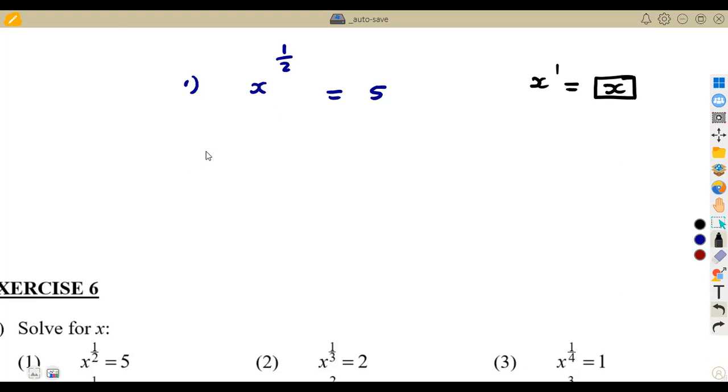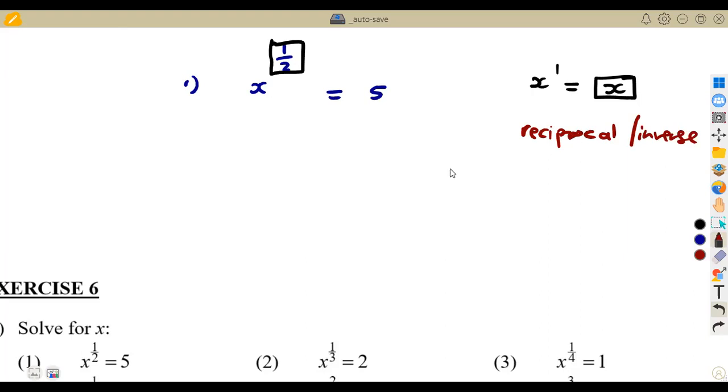So what does it mean? In order for us to have a 1 here, because there's a half, it's not a 1, we must have a 1. So what do we do? We introduce the reciprocal. Remember that the reciprocal is simply the inverse of a certain number.